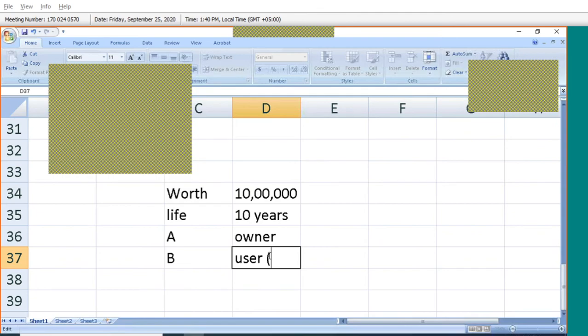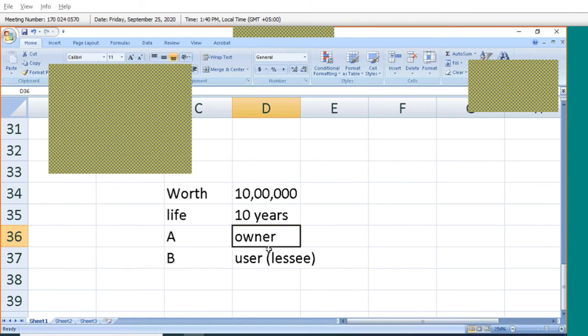Lessee, you can say lessee. The owner is the lessor. What happens? There is an agreement between A and B, a lease agreement between A and B for 10 years.